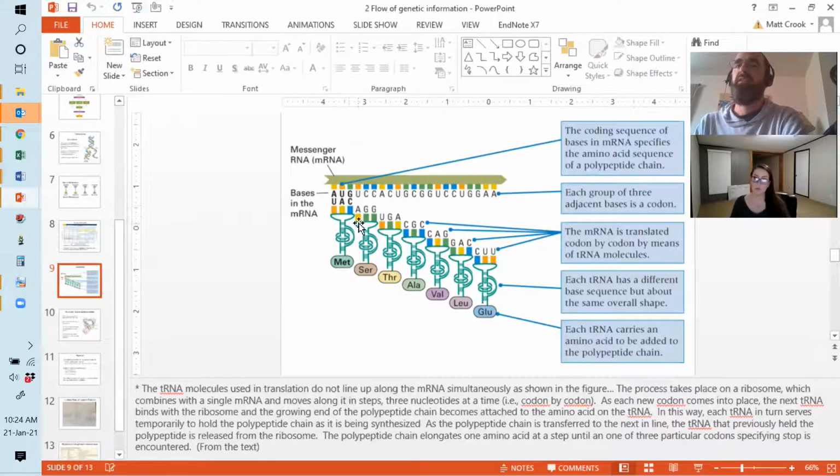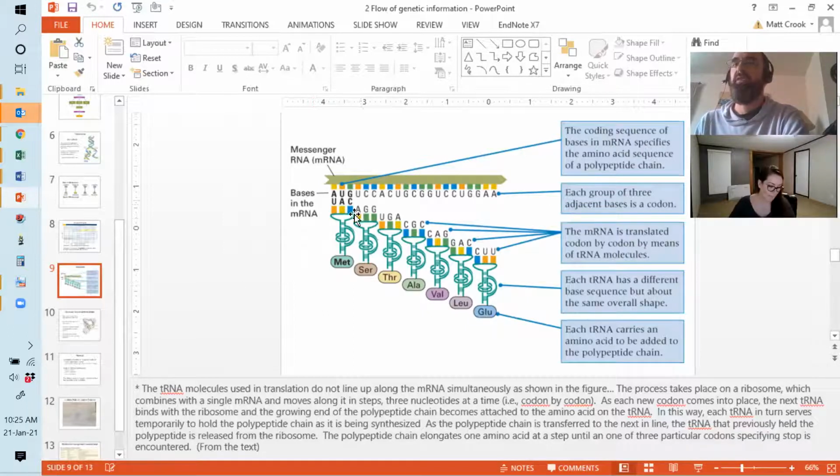Because of that, this particular anticodon, which carries this particular amino acid, will only stick to this particular codon in the mRNA, right? That's the basis of translation. These tRNAs will only recognize one single codon, and they can only carry one single amino acid, right?